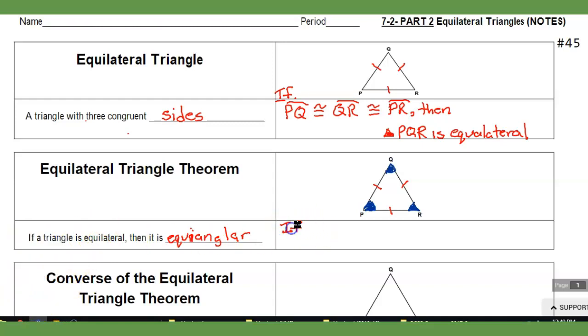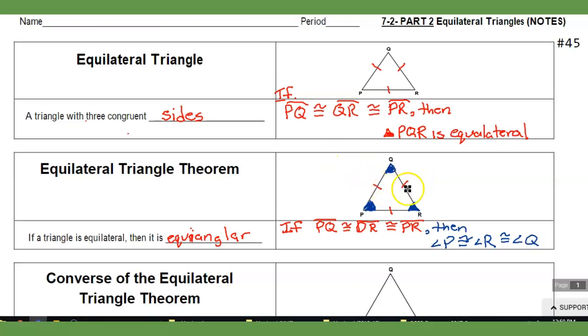So if the sides are congruent, same thing as above, PQ congruent to QR, congruent to PR, then angle P is congruent to angle R, is congruent to angle Q. Now this is basically the same thing as yesterday, it was just two sides.